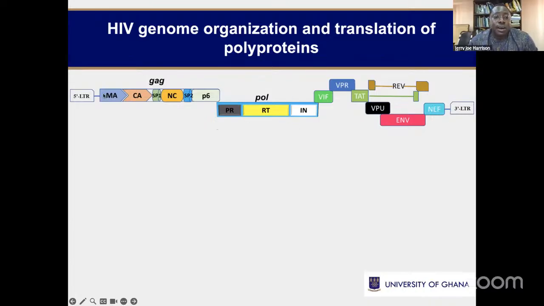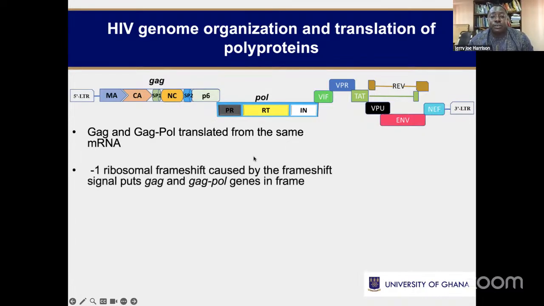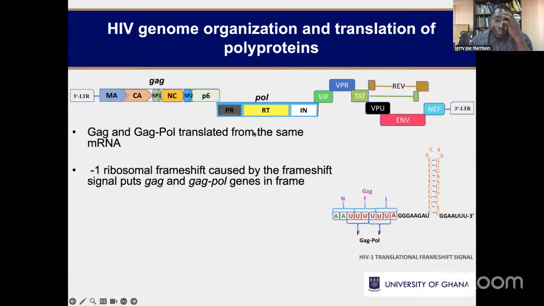And so from a single mRNA, the structural proteins and the enzymatic proteins are produced. And this normally happens through a -1 ribosomal frameshift. This frameshift happens at the C terminal, at the 3' end of the P6.